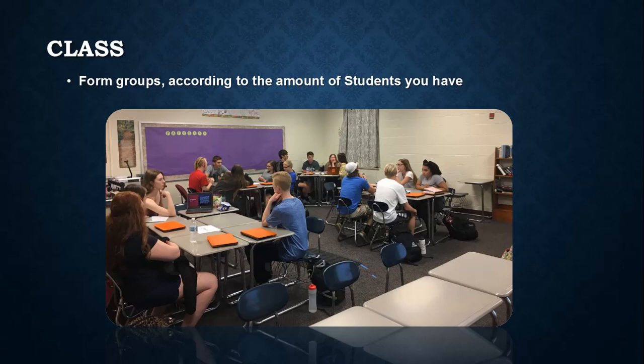So the class, it will depend on the class that you are gonna have, but you have to form groups according to the amount of the students you have. And take a look onto the picture, okay? They are not in the old way fashion of lines next to each other, okay? That specific accommodation that you are seeing on the picture is because they are gonna be together.